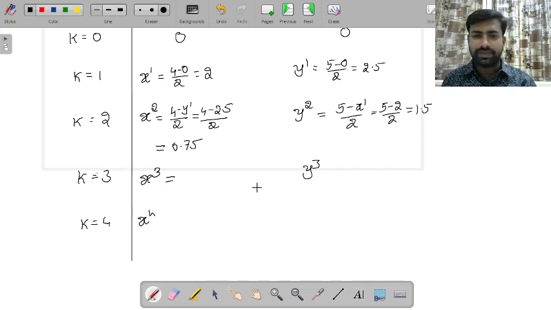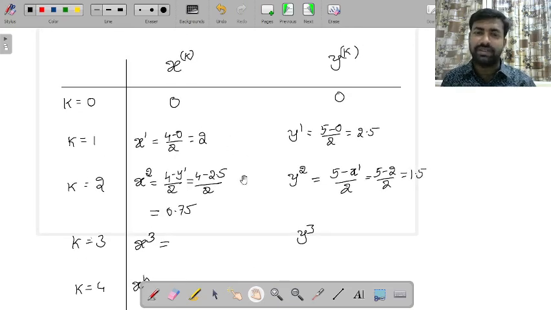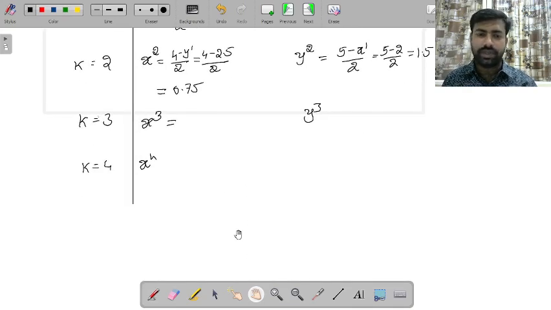No need of writing x4, y4 and so on, because you are anyway mentioning xk and yk here, so you can directly put the values here. Okay, so I have calculated these values, and let me put it here.